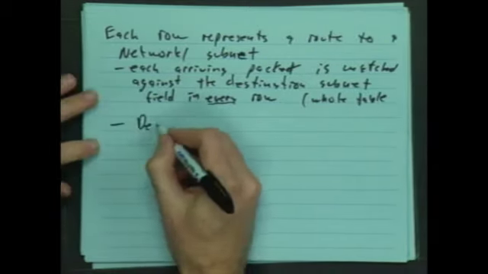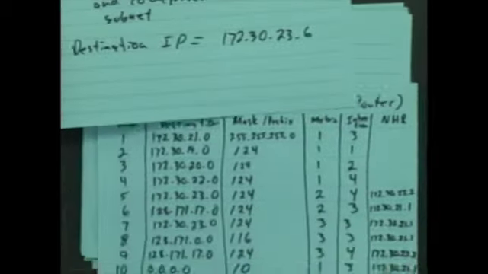All right, so let's start. If we have a destination IP address that equals 172.30.23.6, we need to go through every row on the table here.